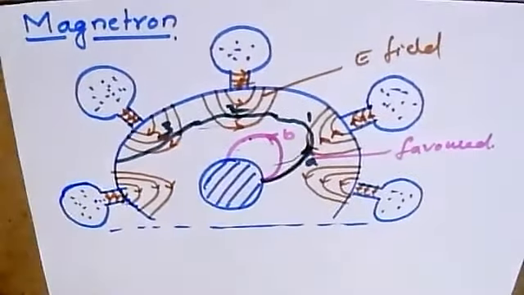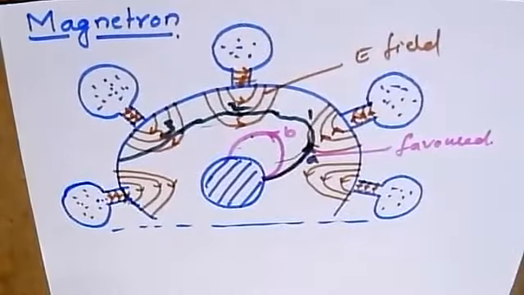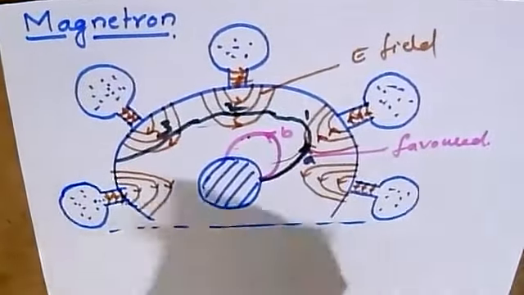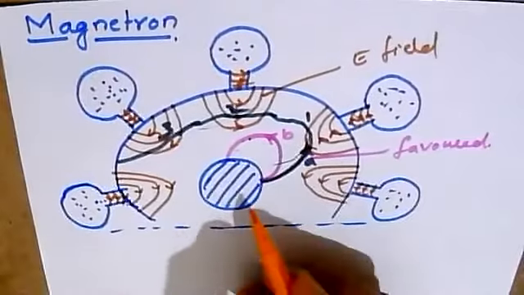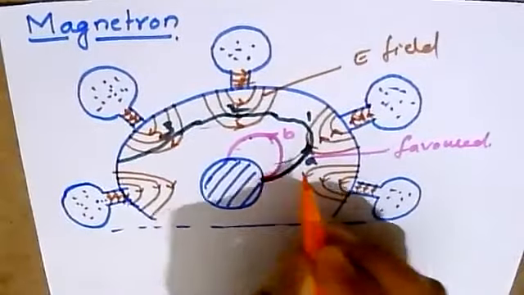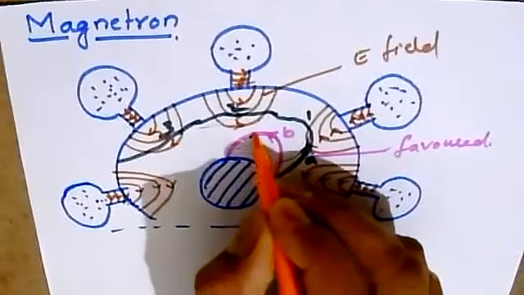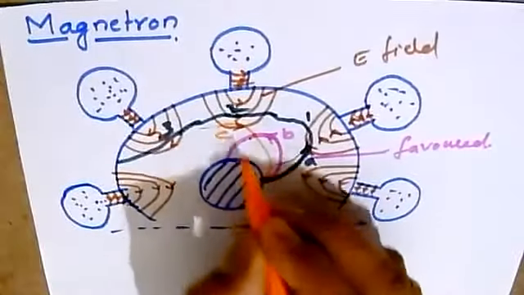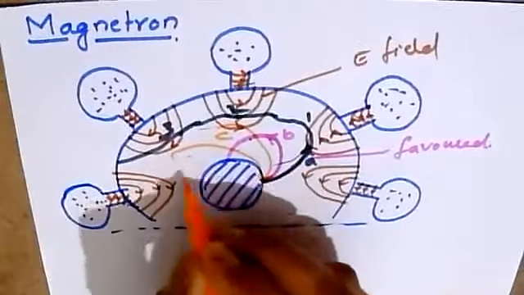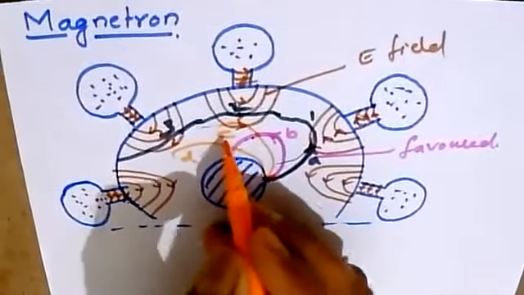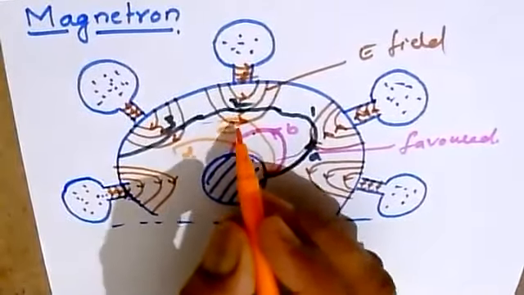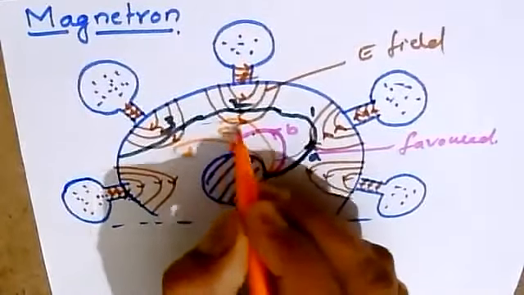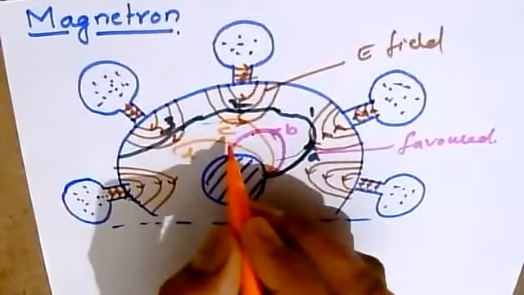Then after that, we have another category, C and D. These two electrons, C and D, will definitely be influenced by the electric field to a smaller level.